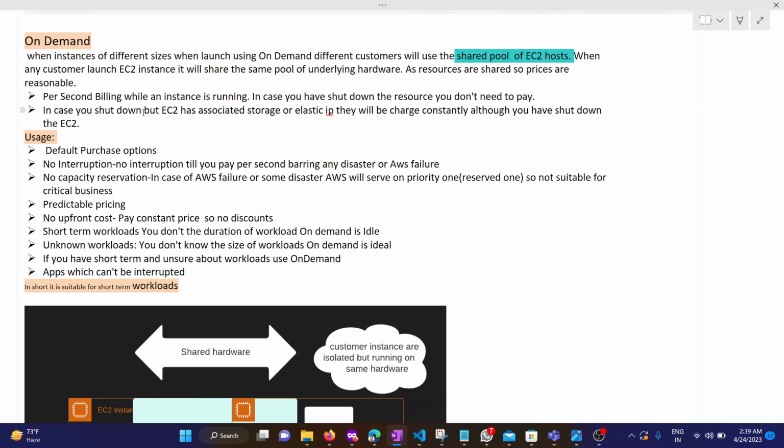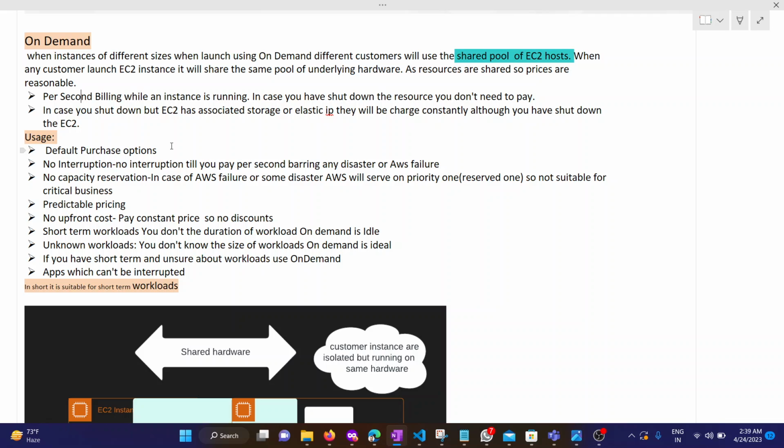Now come to the usage part. When you go to the AWS dashboard in EC2 services and create an instance, that is default on demand. First point. Another point, no interruption. Suppose you are running your EC2 instance and you have hosted your website, it will run constantly. It will not be interrupted.